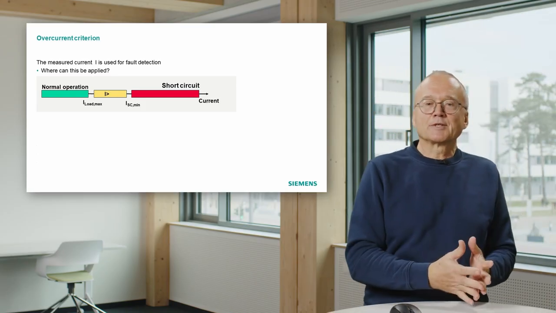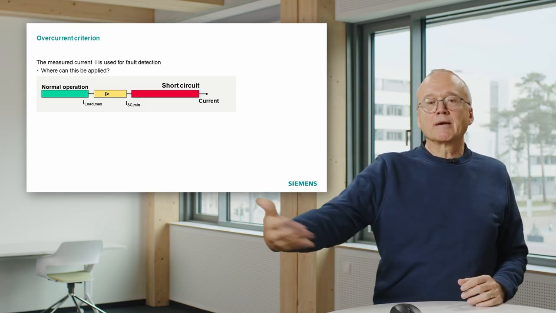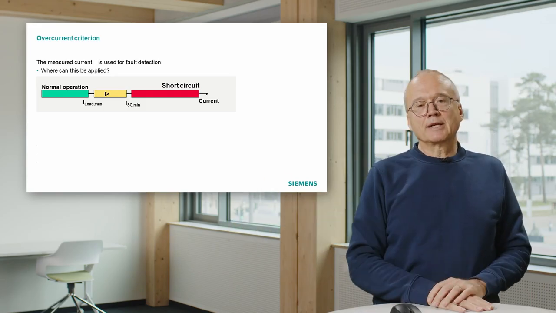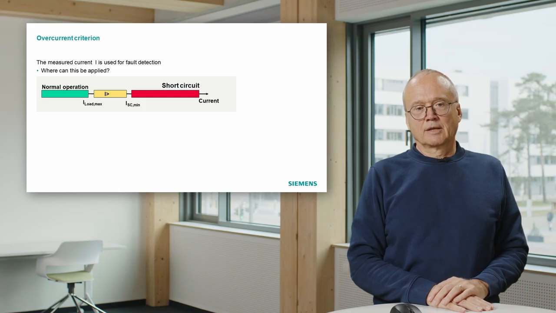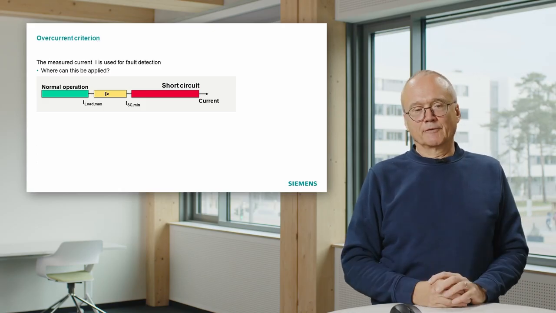That means you must have a setting which is also valid after some years, when maybe the system has been extended later on. Also, that means you have to look a little bit in the future.